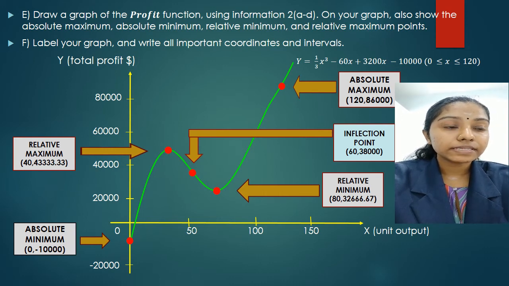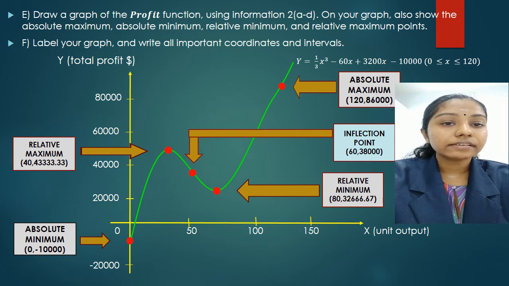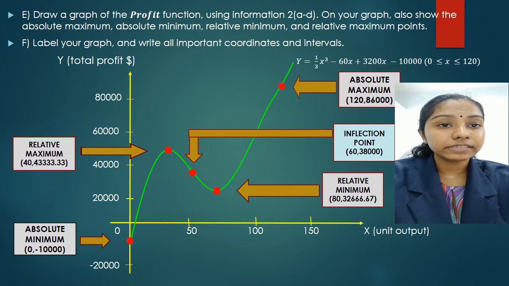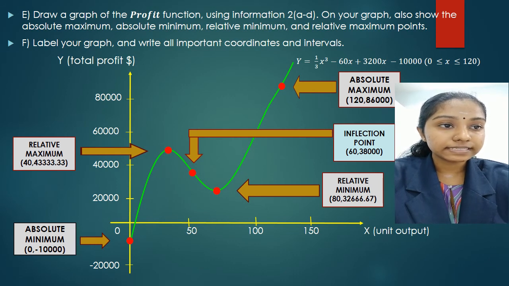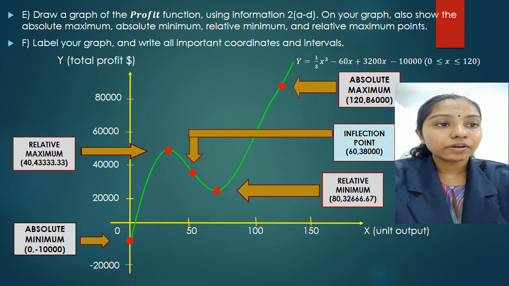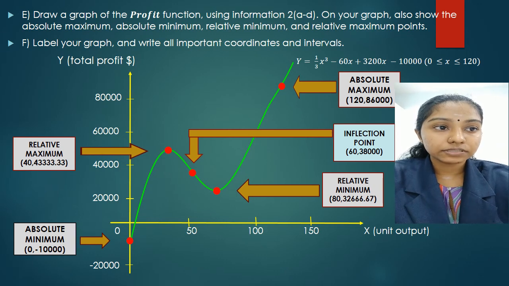The absolute maximum point is 120 and 86,000. The relative maximum point is 40 and 43,333.33, and the relative minimum point is 80 and 32,666.67. The inflection point is 60 and 38,000.